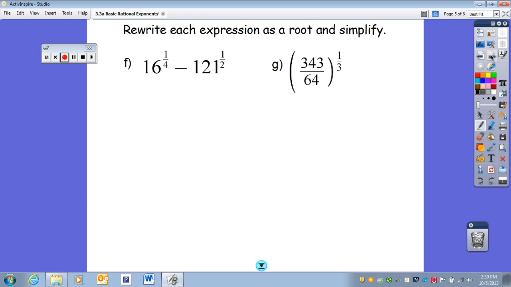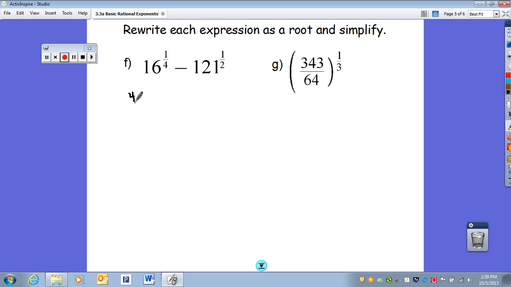Now we have 16 to the 1/4 power minus 121 to the 1/2 power. So we can rewrite these as roots, so that's going to be the 4th root of 16 minus the square root of 121. If we make a factor tree for 16, we have 4 times 4, and 2 times 2, and 2 times 2.